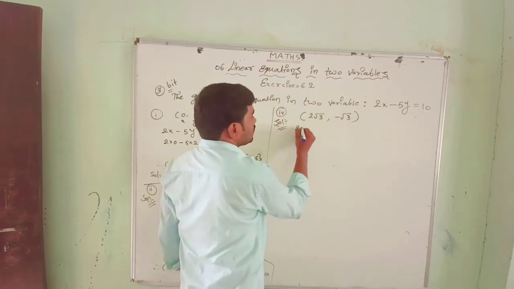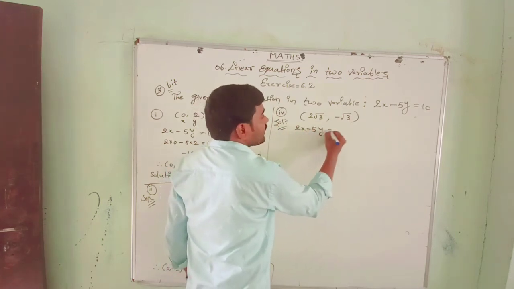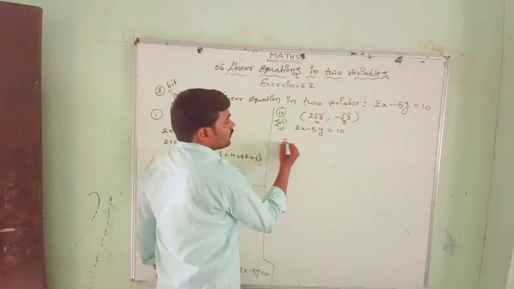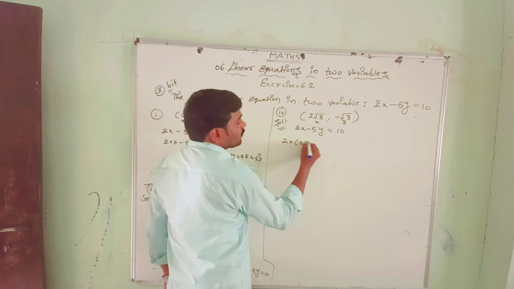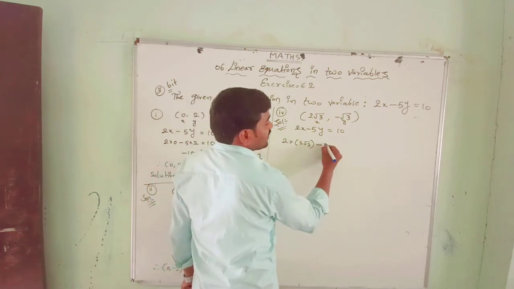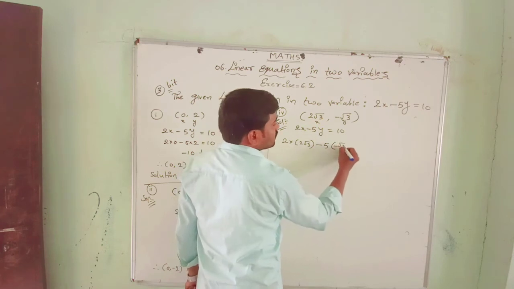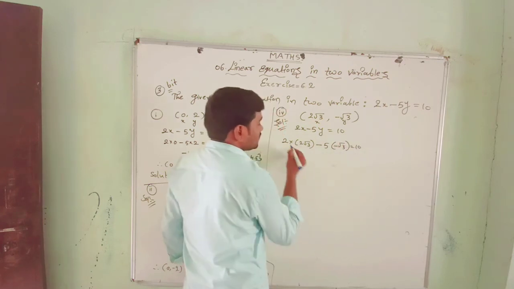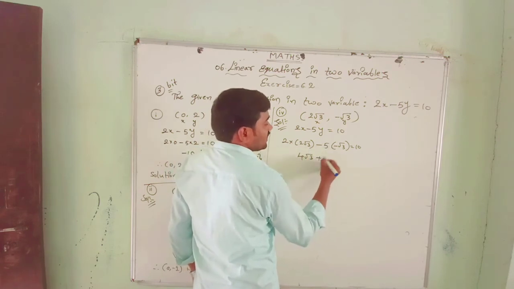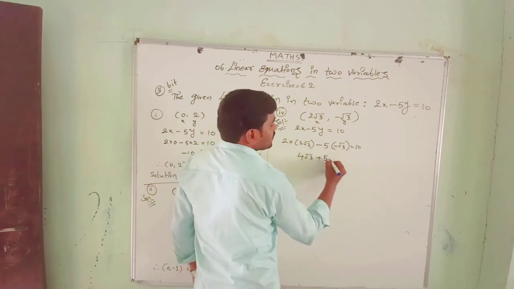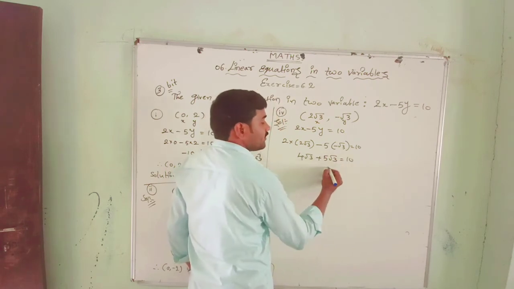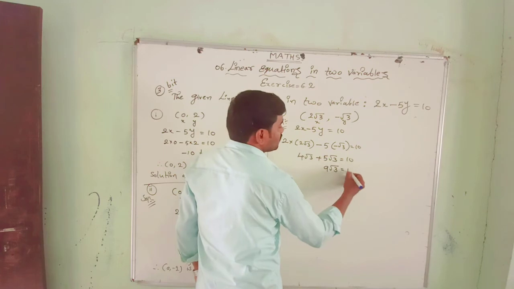The given equation is 2x minus 5y equal to 10. This is the x value and this is the y value. In the place of x I put 2 root 3, and in the place of y I put minus root 3. 2 into 2 is 4, so 4 root 3. Minus into minus is plus, 5 into root 3 is 5 root 3. 4 root 3 plus 5 root 3 is 9 root 3, which is not equal to 10.